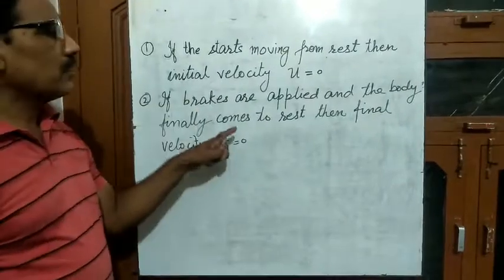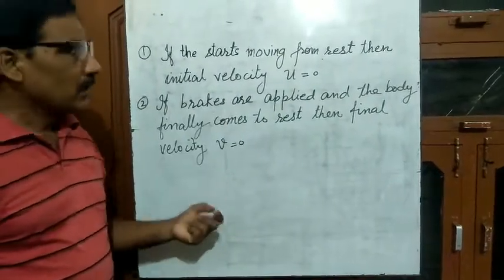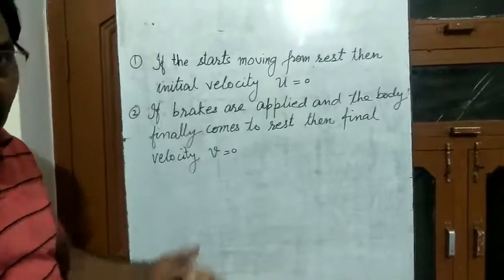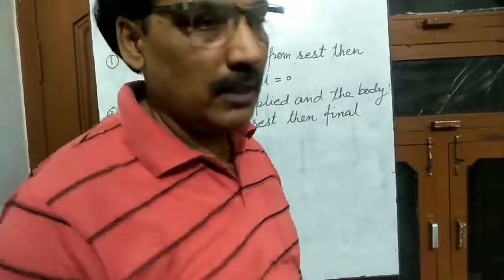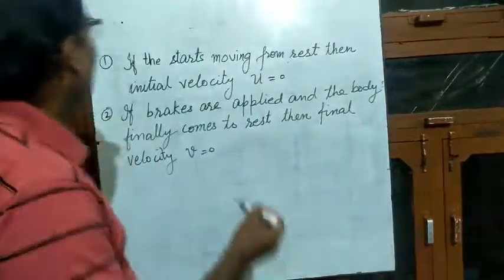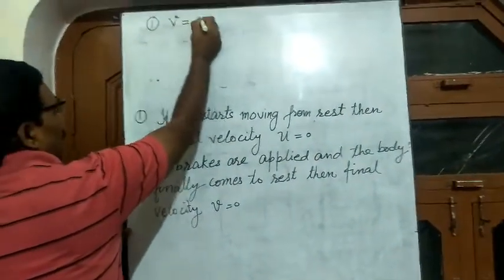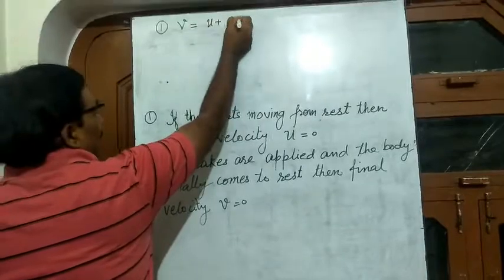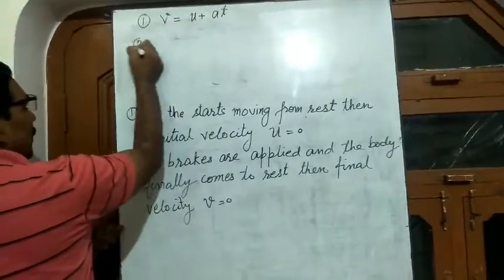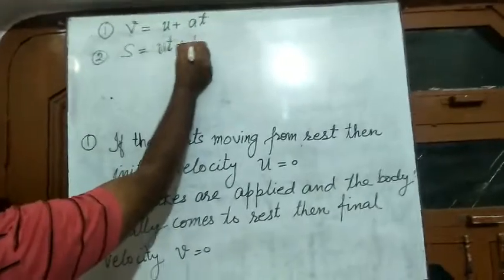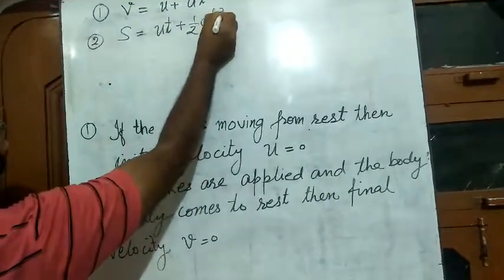And in this case, when brakes are applied, the acceleration a will be negative, and negative acceleration is known as retardation. So the first equation was v is equal to u plus at. Second equation, s is equal to ut plus half at square.